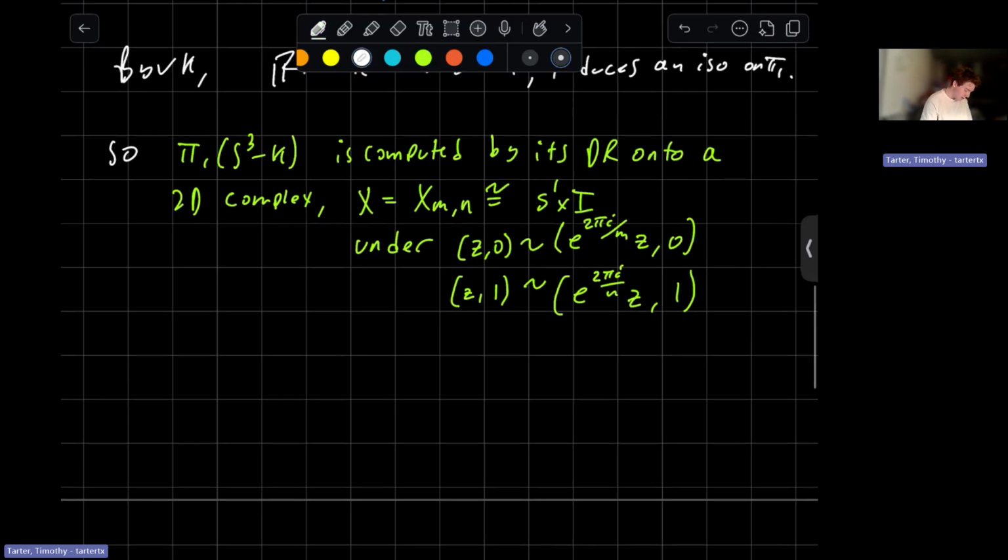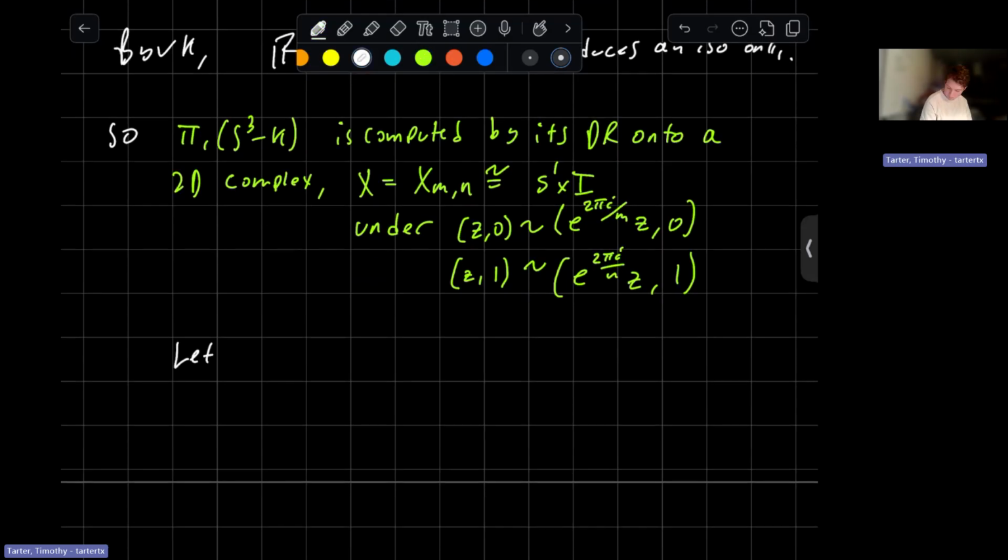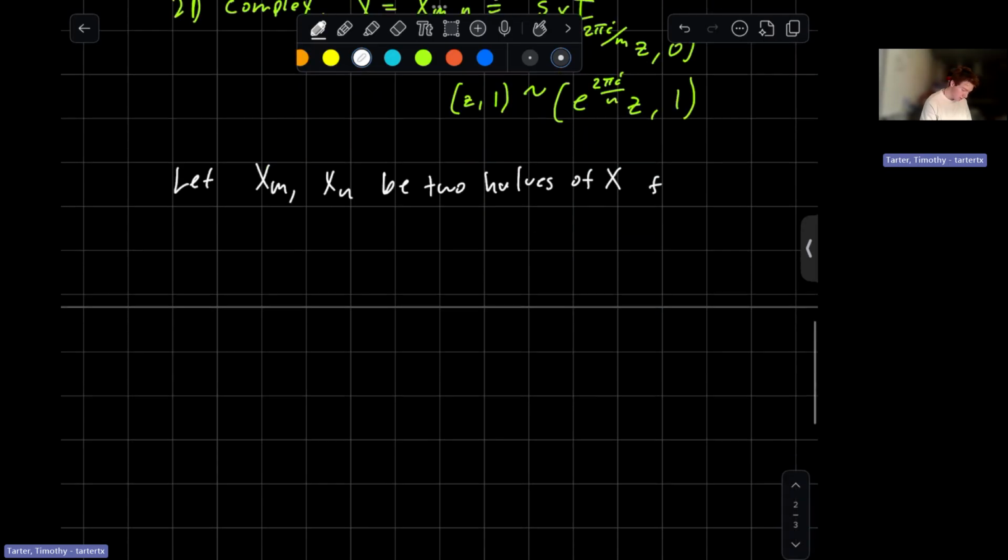So then let Xm and Xn be the two halves of X formed by the quotients S1 cross [0,1/2] and S1 cross [1/2,1].